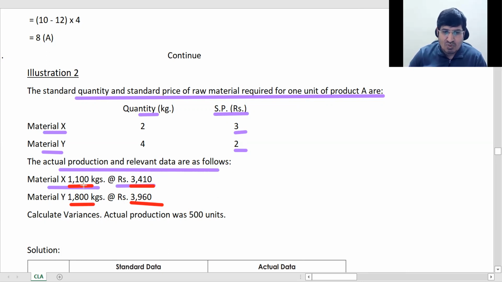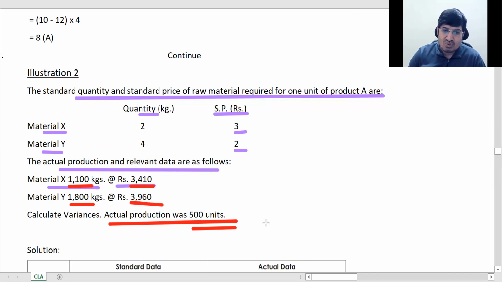So what is the total here? 2900 they have put. Actual production was 500 units. What I said is always match the output.